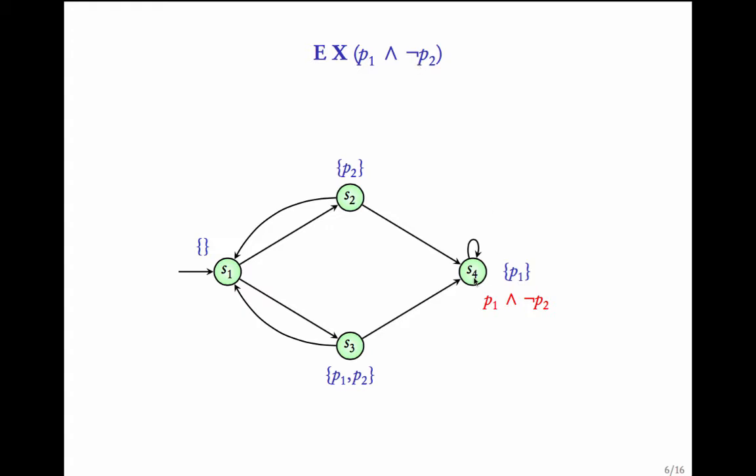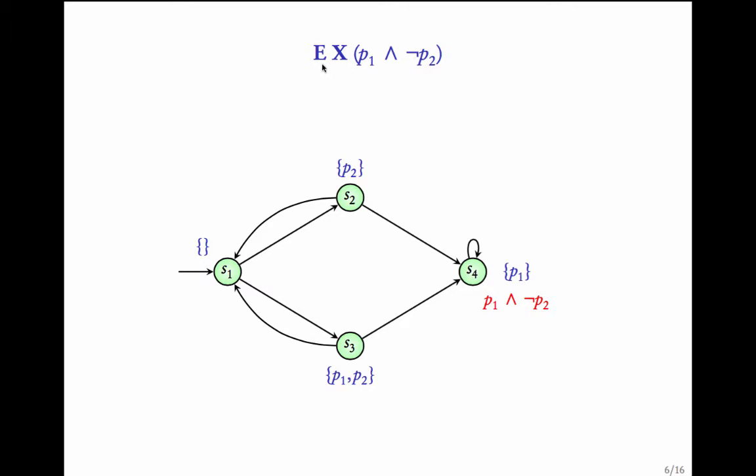S4 is one state because it satisfies P1 and P2 is not there, so it satisfies P1 and not P2. In fact, S4 is the only state because S3 satisfies P2 and S2 does not satisfy P1. S1 does not satisfy P1. So S4 is the only state which will be labeled with P1 and not P2.